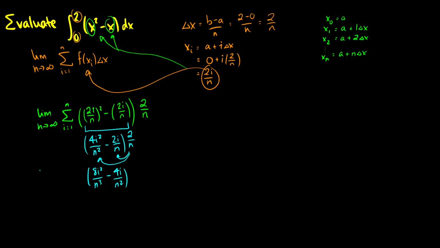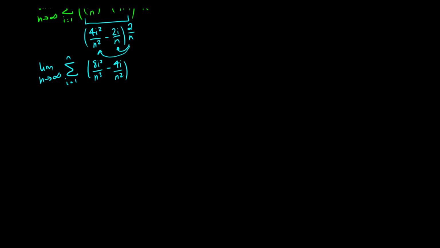So now we have the limit as n goes to infinity of the sum from i equals 1 to n of 8i squared over n cubed minus 4i over n squared. Now we're going to use some of the laws that we saw on the previous page.